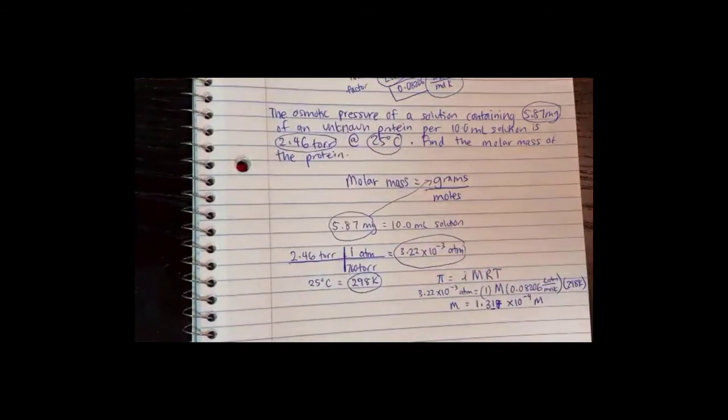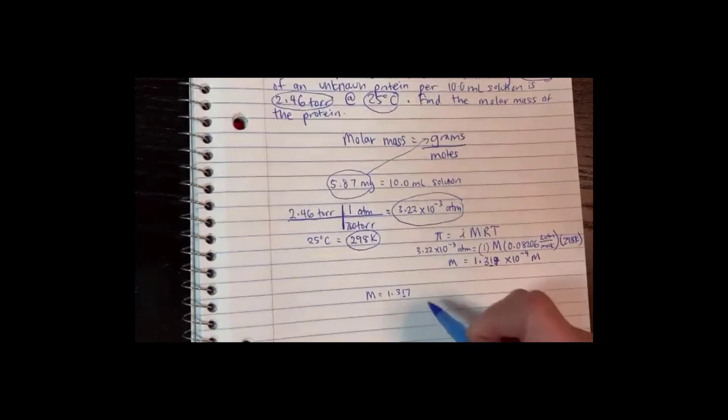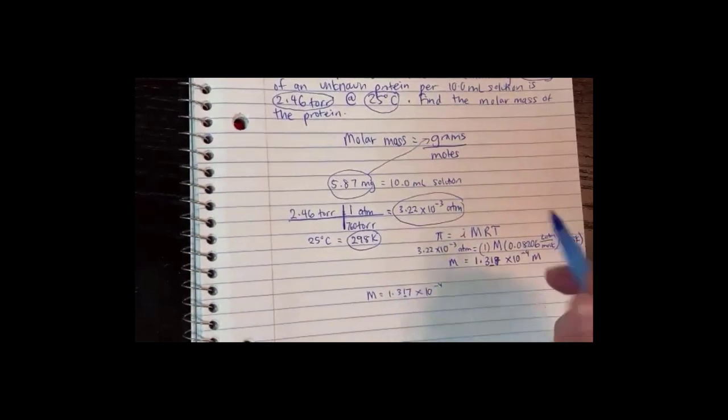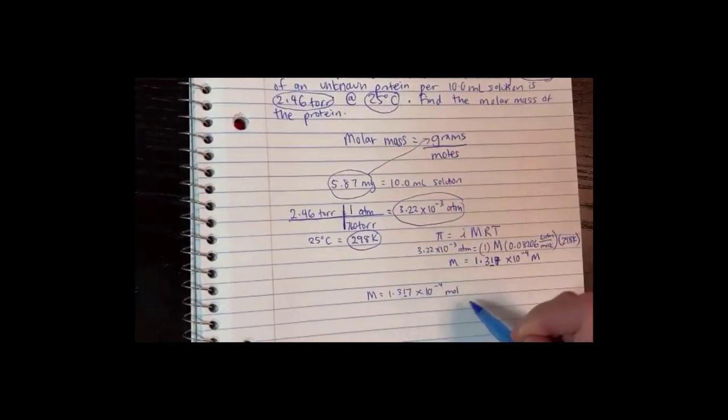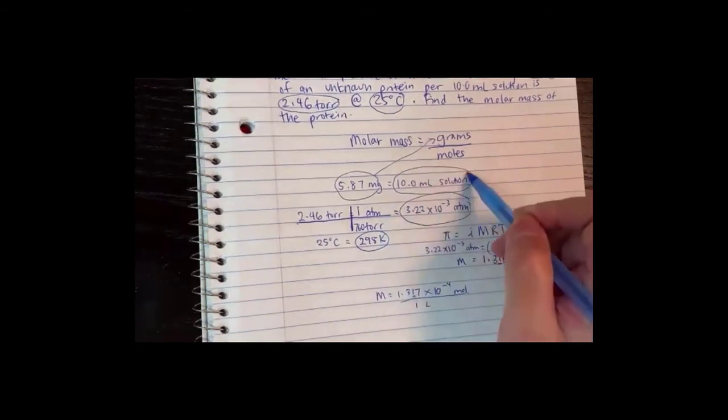Now, once we have molarity, we know that molarity is 1.317, really 1.32 at this point, times 10 to the minus 4 moles per 1 liter of the protein. Do we have the volume of the protein? Yes, we do.